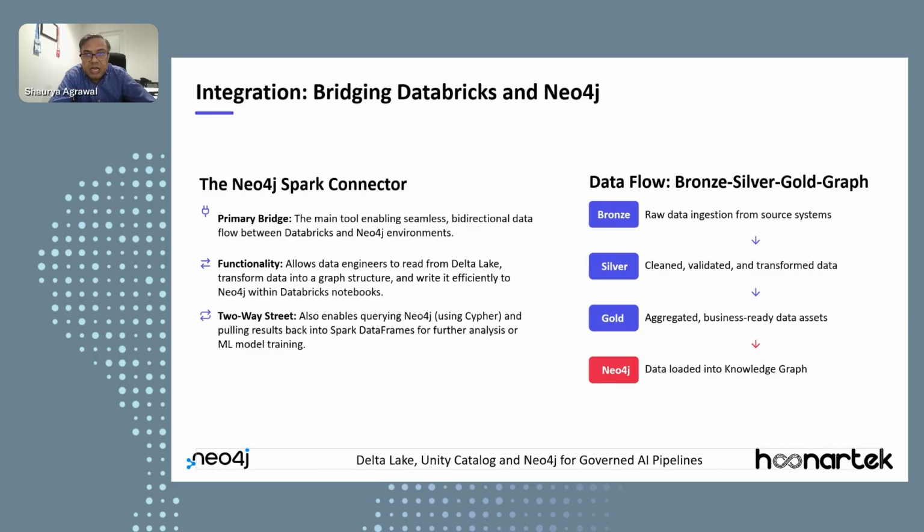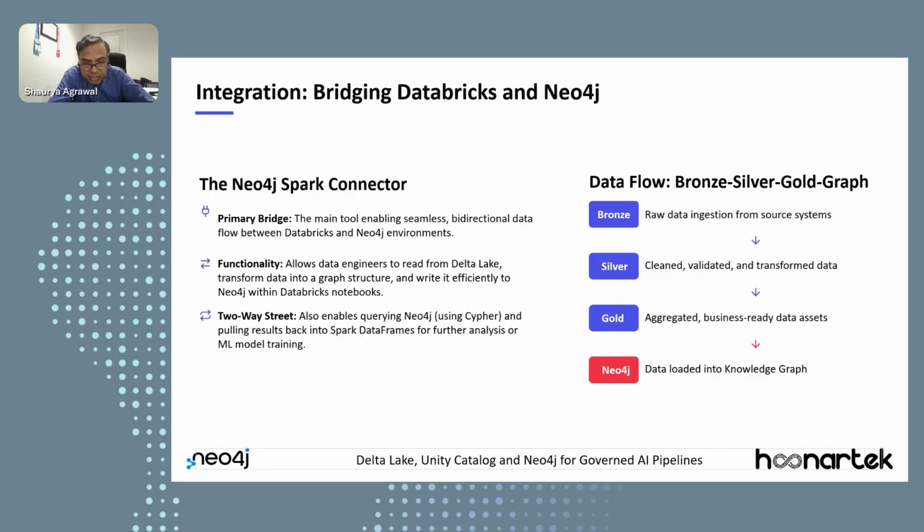And as you build your solution in Databricks through the medallion architecture, for those who don't know medallion architecture, it is basically a bronze set of tables, silver set of tables, gold set of tables at different aggregation levels. For example, gold is the final version from which we do the business level reporting.